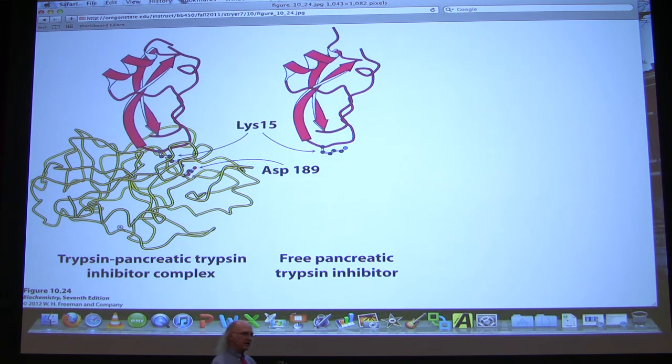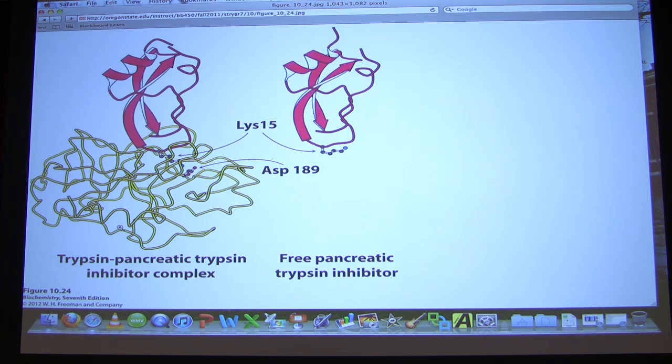They also have in the lungs alpha-1 antitrypsin. Now, why do they have both? Well, it turns out that just like we worried about having too much trypsin be active, so too do we want to control how much elastase we have active. Because if we have too much elastase active, the elastase starts doing something we don't want it to do, which is attack our lung tissue, and that creates emphysema.